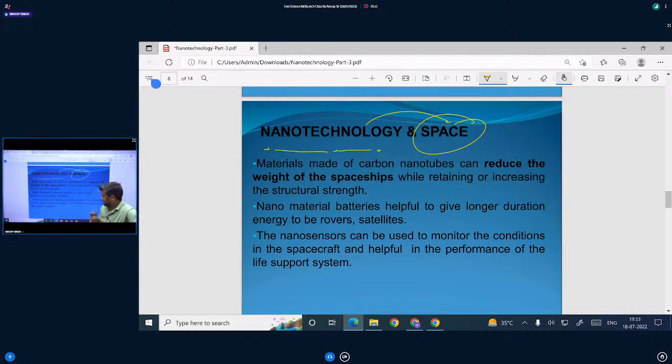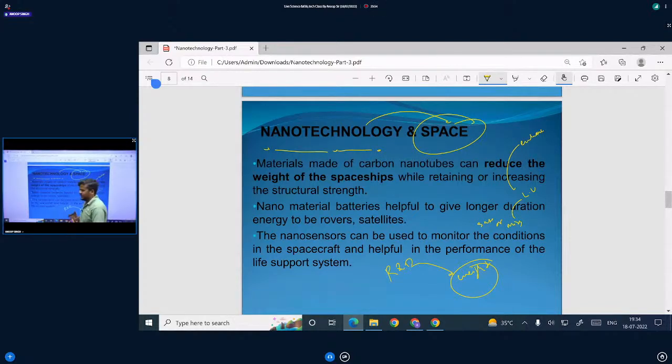As you know very well, in space, weight is one of the important factors. I already told you when we were discussing space science and technology. Every time, different space agencies do research and development in this area so that they can reduce the weight of the satellite, or any particular mission, and also the launch vehicle, so that the efficiency of their mission is enhanced.